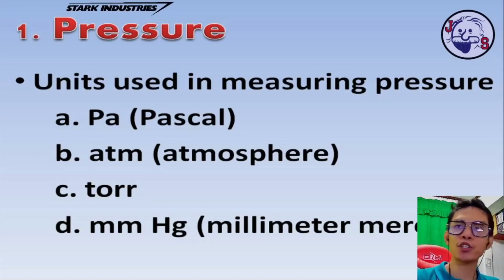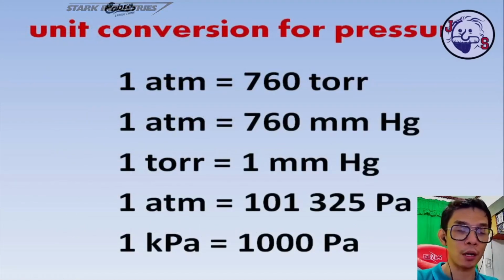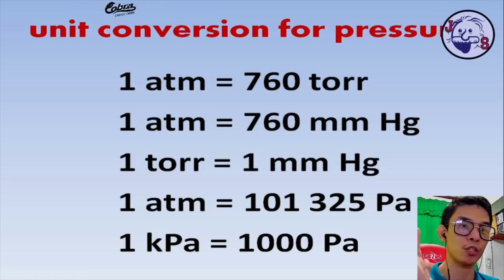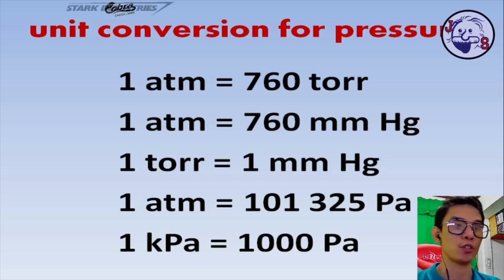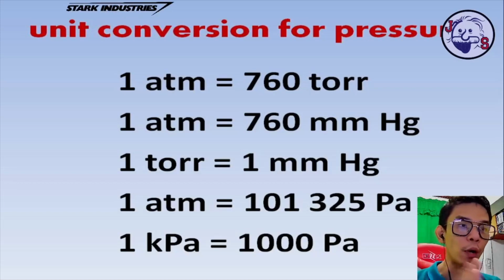These are the conversion factors that you need to take note of if you encounter problems that require you to convert pressure measurements. One atmosphere is equivalent to 760 torr. One atmosphere is also equivalent to 760 millimeters of mercury.